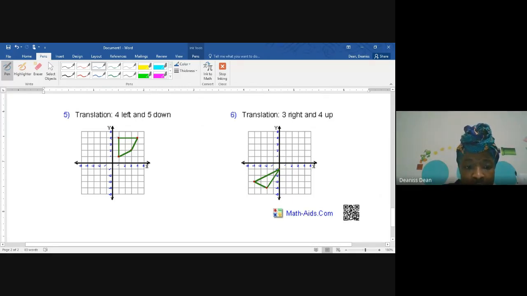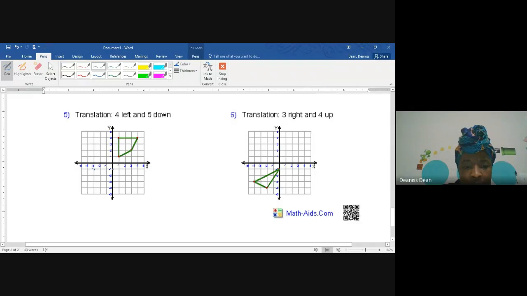I'm moving to the left, 1, 2, 3, 4. So my new dot's here. No, it's not, because it said move down 5, right? So I move over 1, 2, 3, 4, and down 1, 2, 3, 4, 5. So my dot's here.